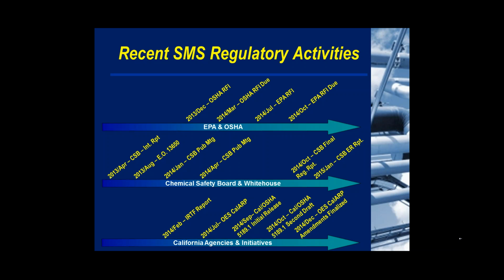So all this evolution of PSM, RMP, SEMS, and some of the state programs like CalARP, which is the California Accidental Release Prevention Program, basically revolve around the same elements. Two key elements of those, which everybody should be familiar with, are process hazard analysis and mechanical integrity.